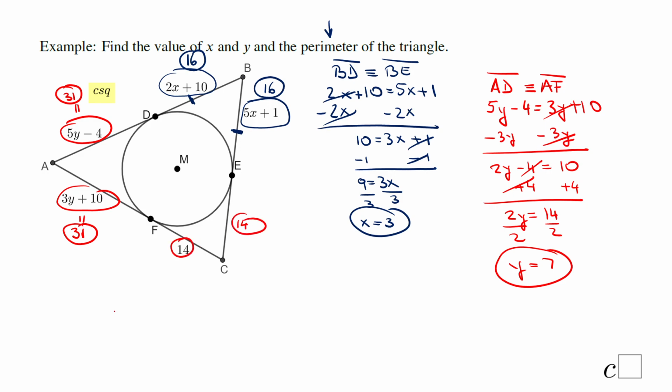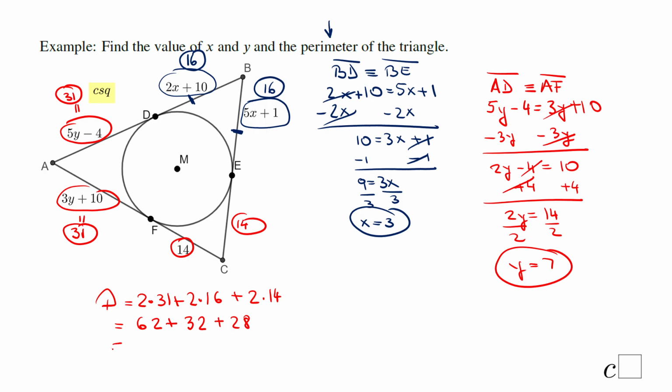So the perimeter will be 2 times 31 plus 2 times 16 plus 2 times 14. And that will be 62 plus 32 plus 28.